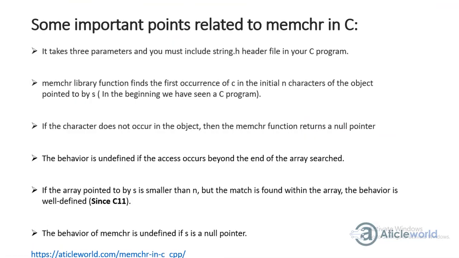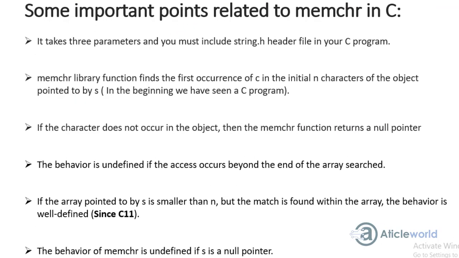In this slide, I have mentioned important points related to the memchr function, and I have already discussed these 3 points: that memchr function takes 3 parameters, the working of the memchr function, and what will happen if the character does not exist in the given string.